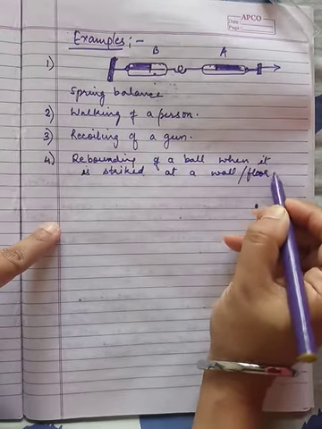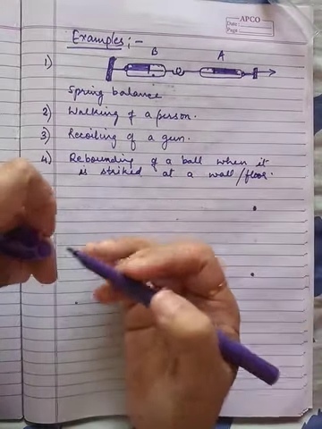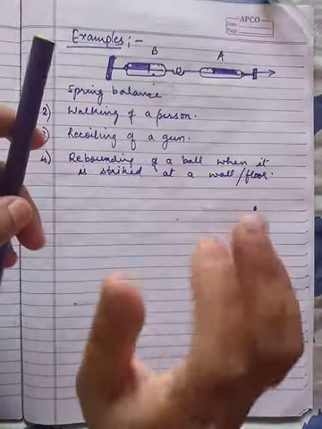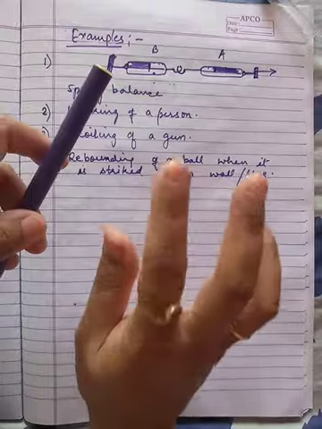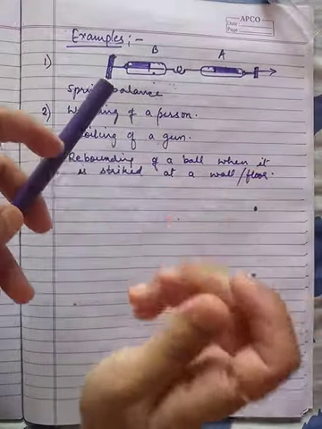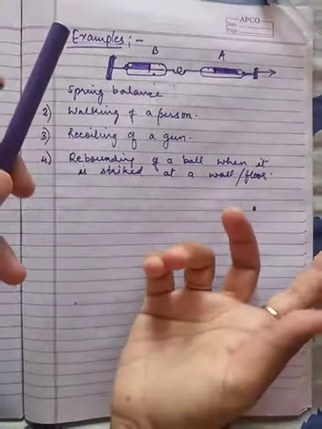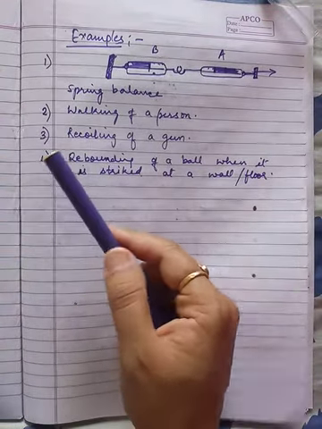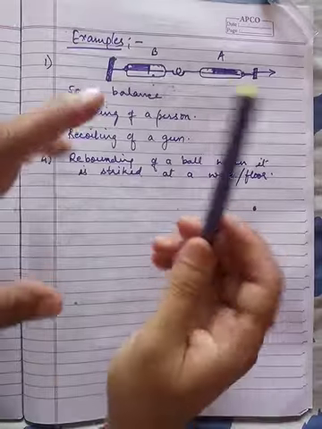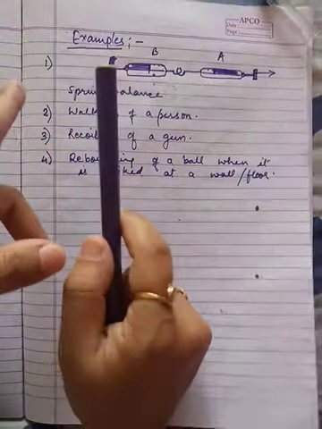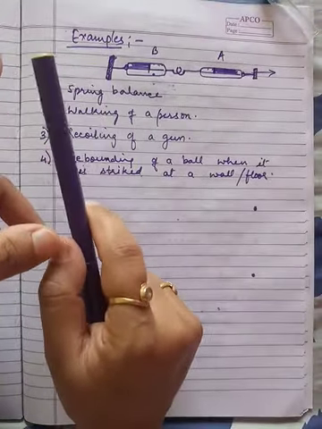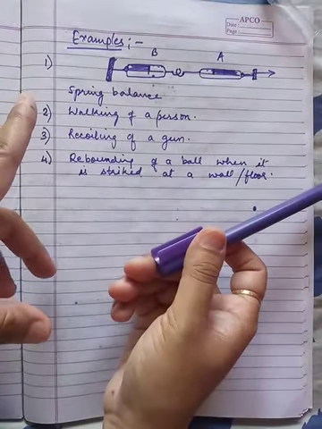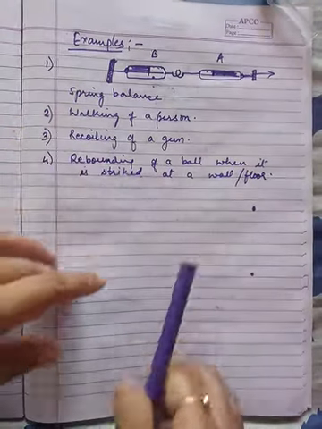We are having a small rubber ball or cricket ball. Okay, if we play by tapping it on the floor, or if we play by tapping it on the wall, the ball always bounces back. Okay, so why does it happen? Because the ball is applying force on the wall, and the wall is in turn applying force on the ball, so that it goes back, so that it rebounds, you can say.